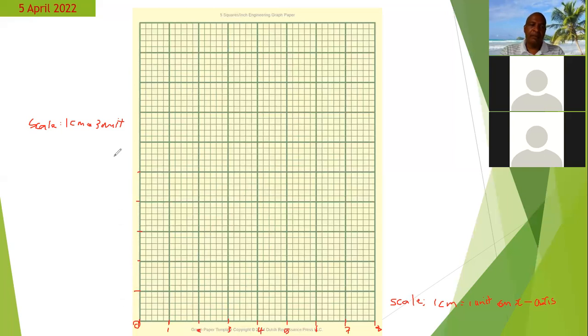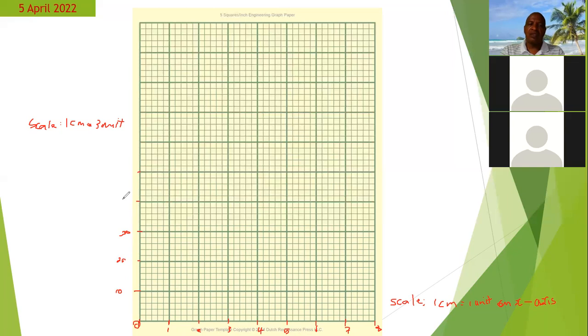All right, so the appropriate scale that you would use if you are representing 100 units on the y-axis, you could make 1 centimeter equal to 10 units. So you would count by 10s, going all the way up. So you'd have 10, 20, 30, 40, etc. All right, is that clear to everyone?